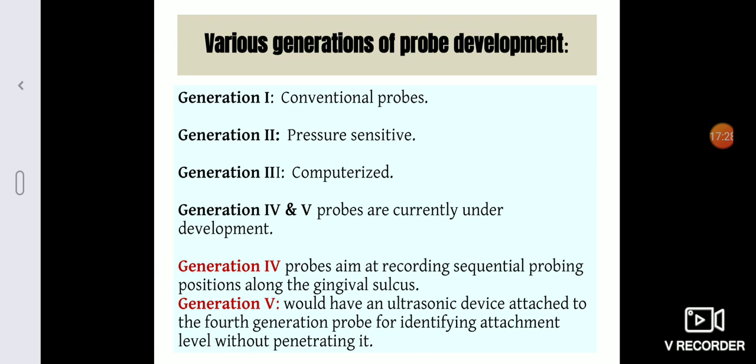Generation 4 probes aim at recording the sequential probing positions along the gingival sulcus. Generation 5 probes are expected to have an ultrasonic device attached to the 4th generation probes for identifying the attachment level without penetrating it. So these are the non-invasive probing systems.